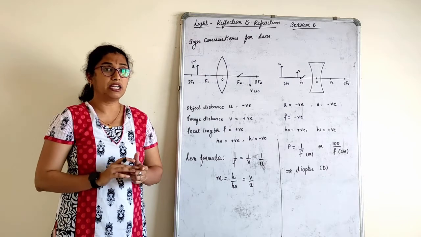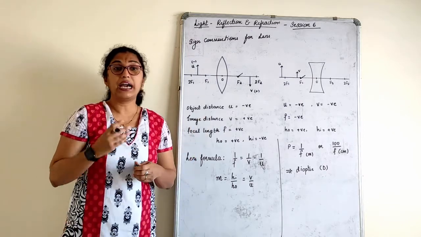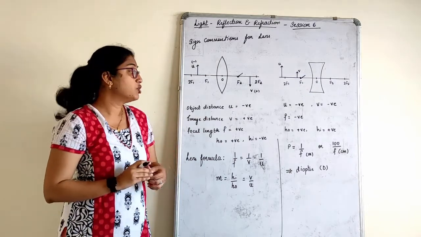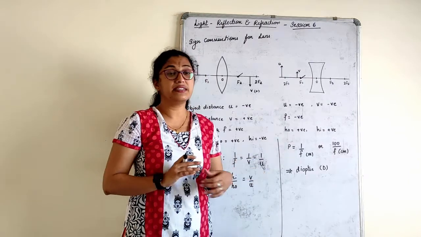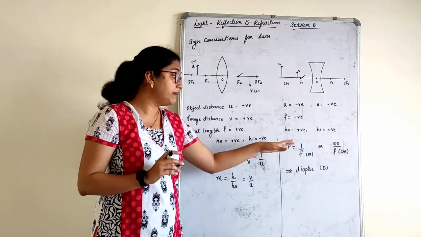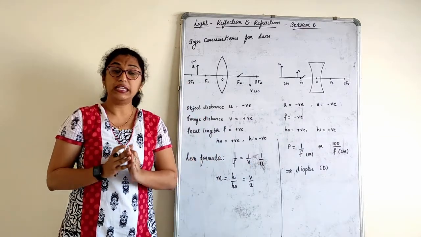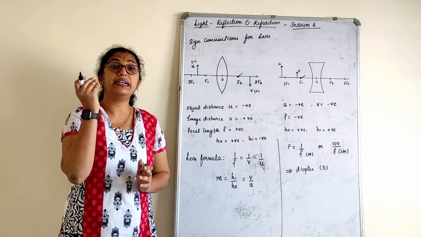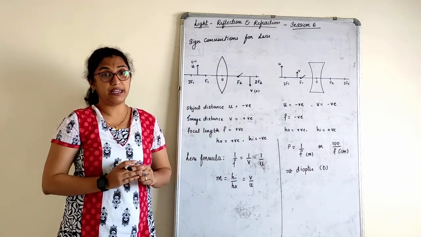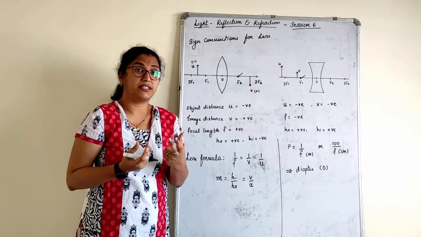The last part, where we have very little to know, is about power. A bit more on power we will study in the next chapter, the human eye. So what is power? Power is defined as the reciprocal of the focal length measured in meters, or the ability of the lens to converge and diverge light rays is called the power of that lens. We wear spectacles, right? They also have some power.